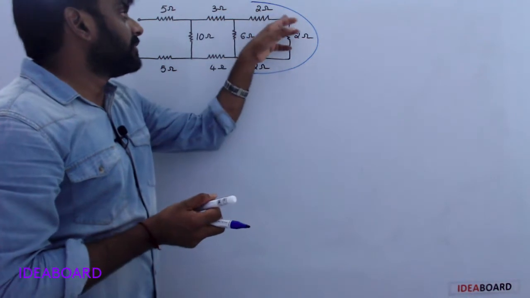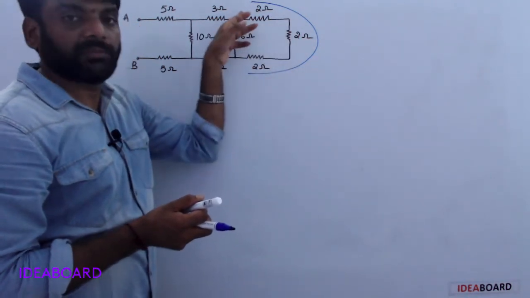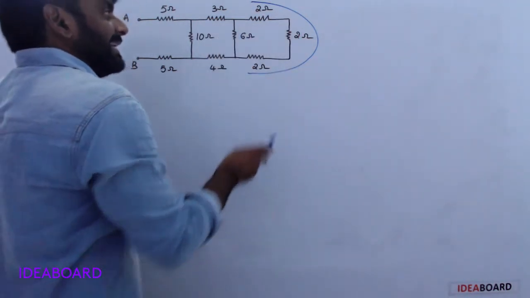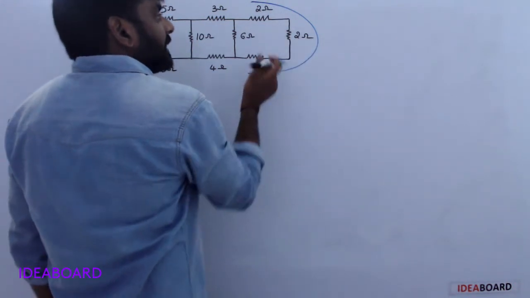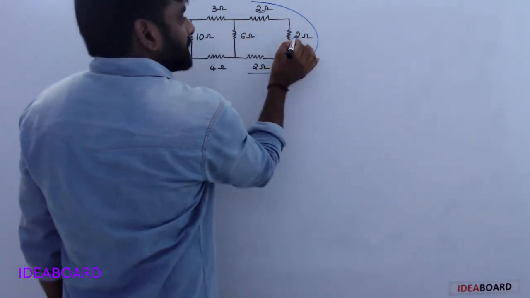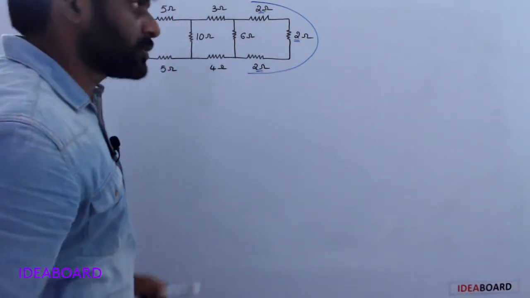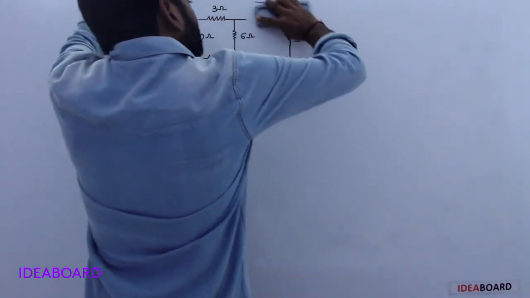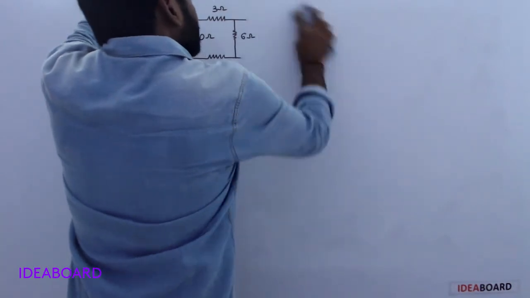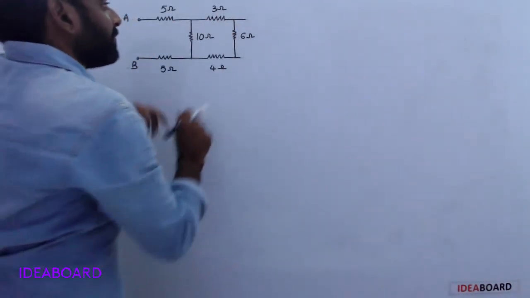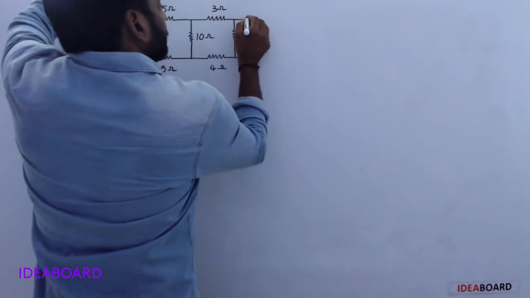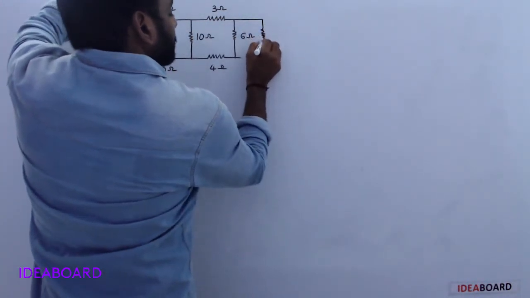See, no splitting of current here, that means these three are in series. Series in the sense 2 plus 2 plus 2, 6 ohms. That means this combination is this one.